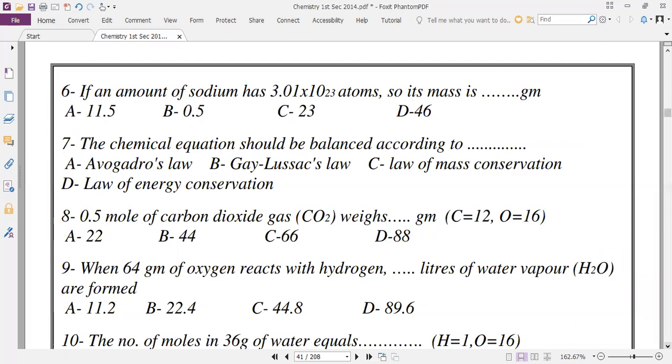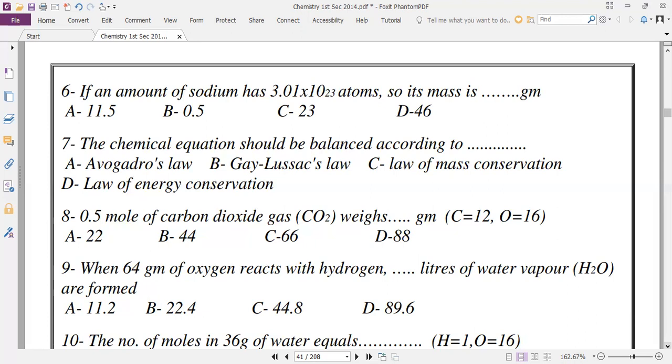Avogadro's number. Why? Because the number of atoms is known. So we are going to use this rule: number of moles equals number of atoms divided by Avogadro's number.